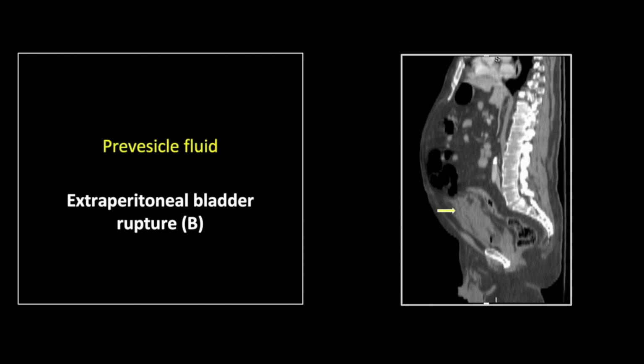The sagittal view makes it quite clear that prevesical density extends up to but not beyond the level of the umbilicus. This is bound by transversalis fascia, and that is that structure's superior limit.